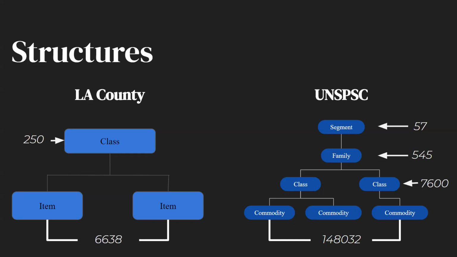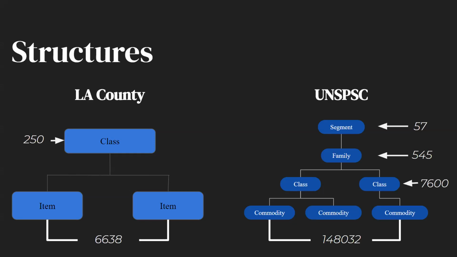Now, the structures of these two standards are as follows. The county has a two-level system. The top level is the commodity class. The class level is the general category of the items. The lower level is the commodity item, with a description and keywords about the particular item. Now, the UNSPSC has a four-level taxonomy. The top level is also the most general.